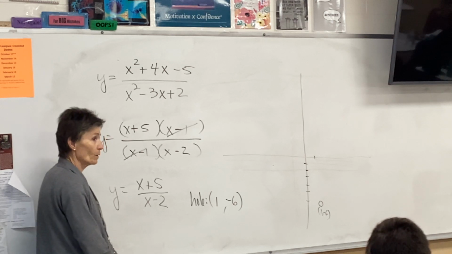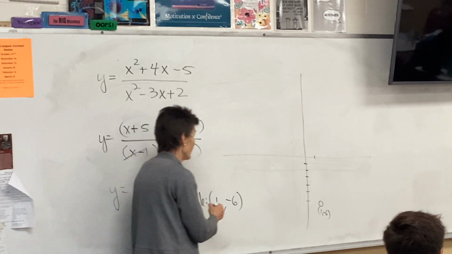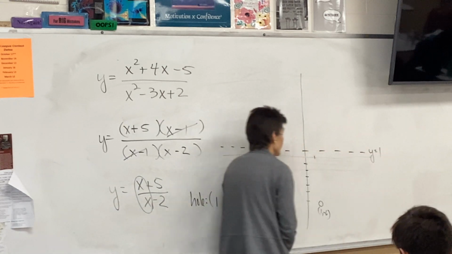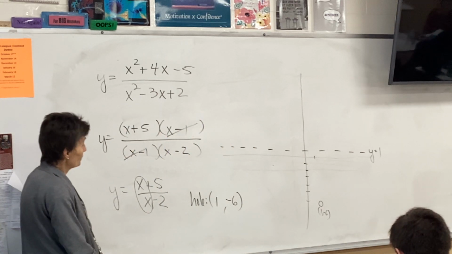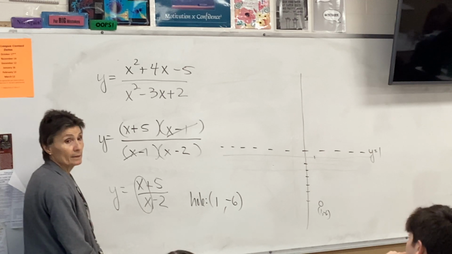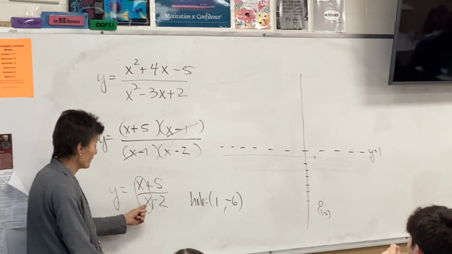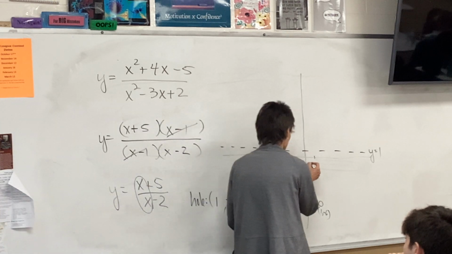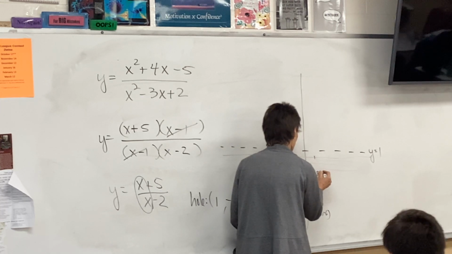Horizontal asymptote, where? At 1, right here, box them in, we get 1. The y-intercept is what? Negative 5 halves, because if you put in 0, don't you get 5 over negative 2? So the y-intercept is 0, negative 5 halves, or negative 2.5.